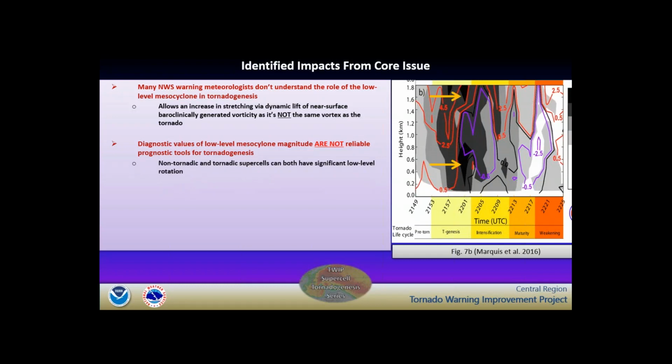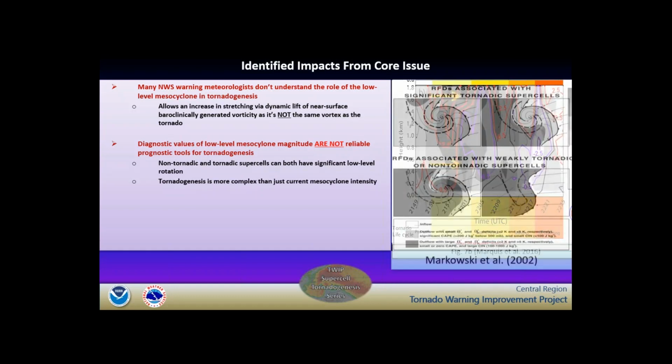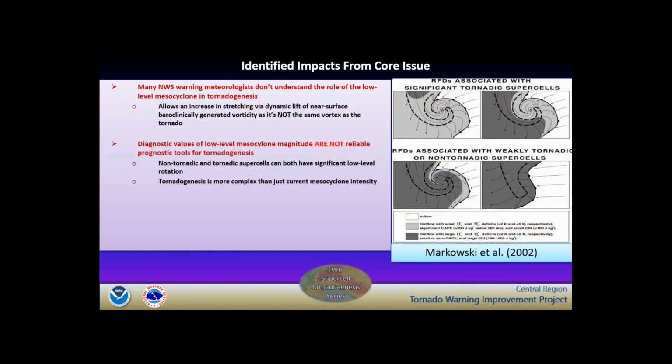Plus, as has been shown by research, a strong low-level mesocyclone doesn't solely determine tornadogenesis, as non-tornadic and tornadic supercells alike can both have strong low-level rotation. Additionally, through field projects and high-resolution simulations, it has been shown that genesis is much more complex than an oversimplified process of just evaluating the current mesocyclone intensity.